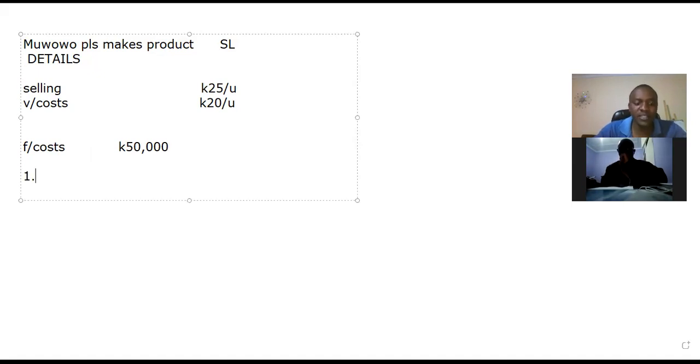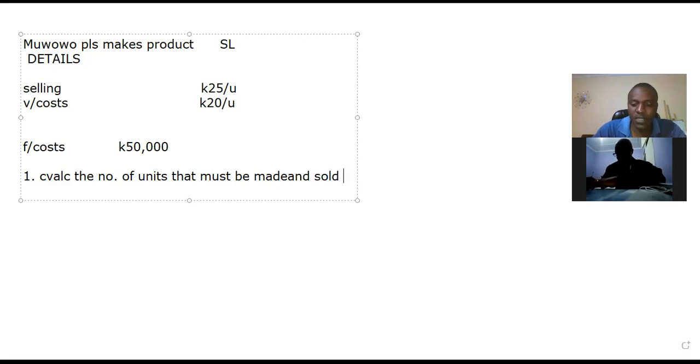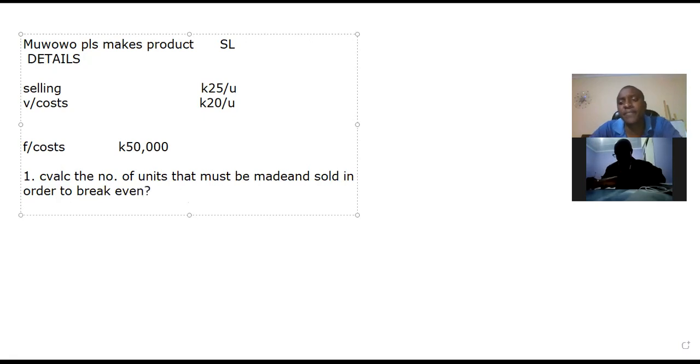Let's say number one, he says, calculate the number of units that must be made and sold in order to break even. That's what the examiner does best. He asks you what he does best. So, guys, I bring it to you.